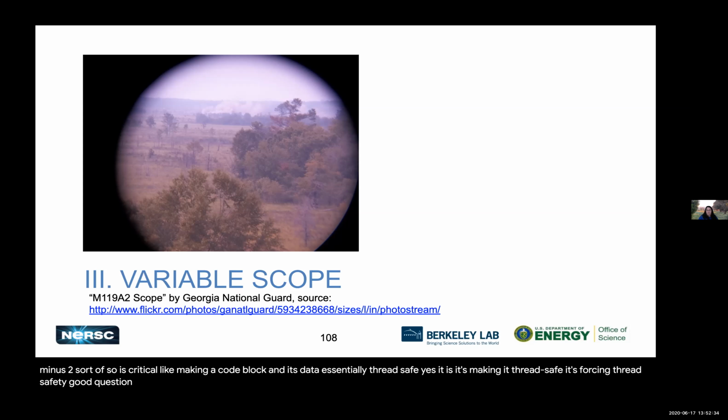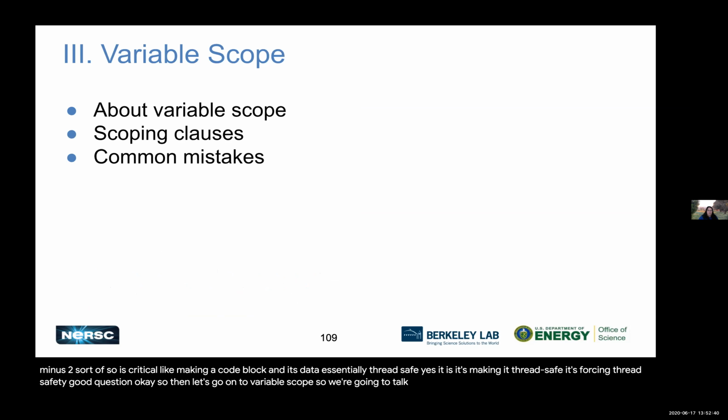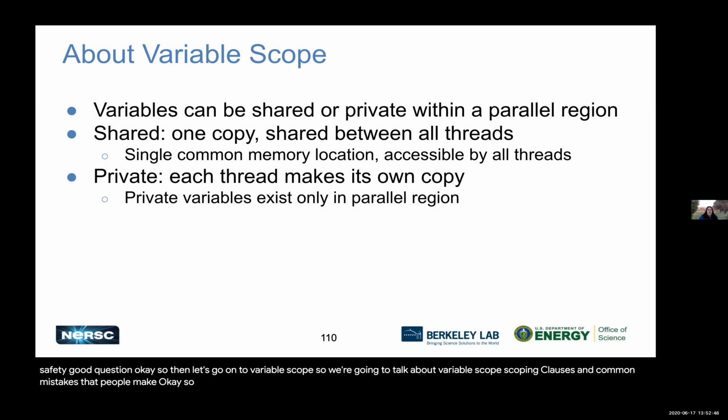Okay, so then let's go on to variable scope. We're going to talk about variable scope, scoping clauses, and common mistakes that people make. Variables can be shared or private within a parallel region. What shared means is that there's one copy of the variable and it is shared between all threads.